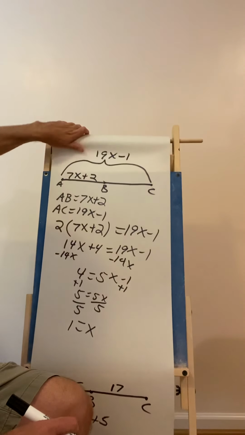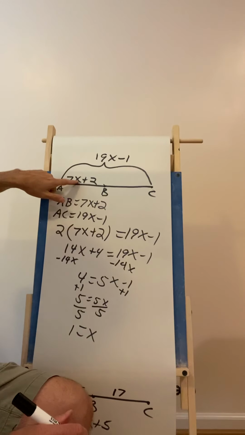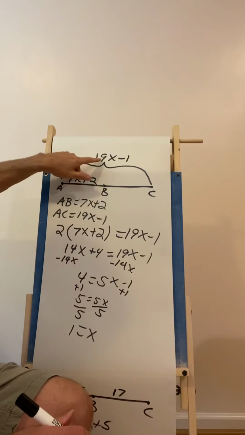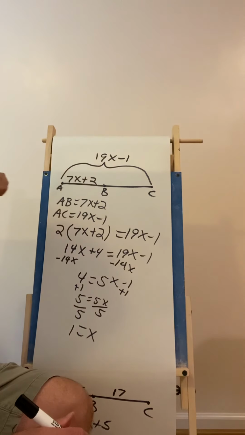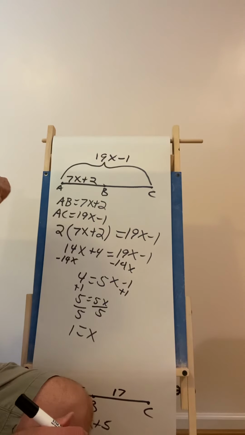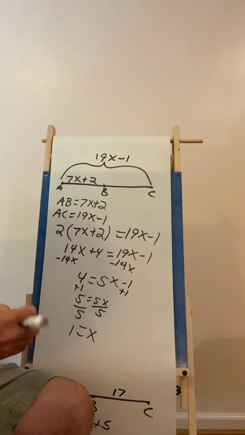Now if we take that 1 and plug it in, 7 times 1 is 7 plus 2 is 9. 19 times 1 is 19 minus 1 is 18. I got 9 and 18. And guess what? 9 is half of 18. 9 plus 9 will equal 18.